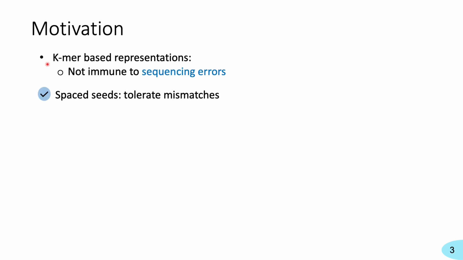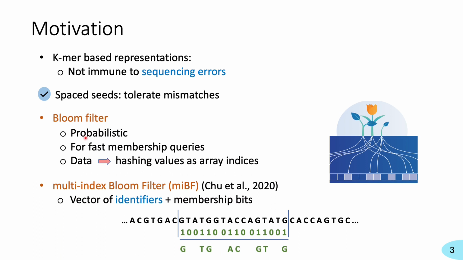On the other hand, k-mer-based representations are not immune to sequencing errors, and that's why many tools and data structures have been based on using spaced seeds, which can tolerate mismatches. For example, the Bloom filter itself is a probabilistic data structure used for fast membership queries that represents data by hashing values as bit array indices.